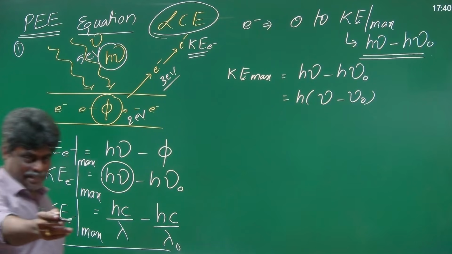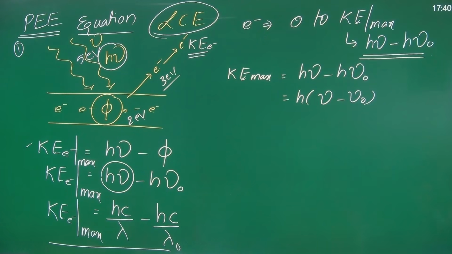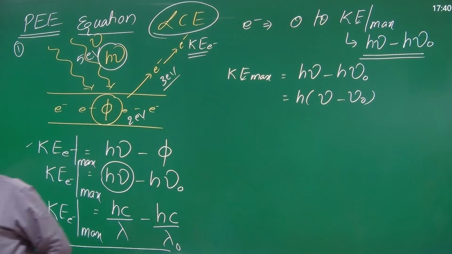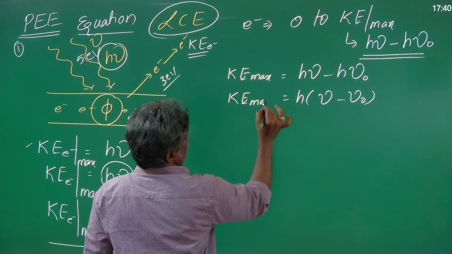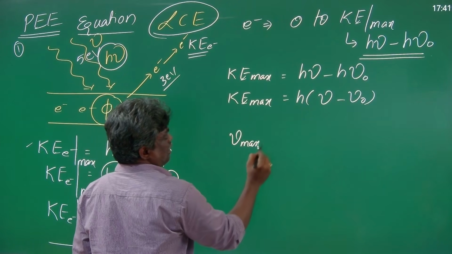Now I want to find a velocity from that equation. How will we find it? Read that expression. I want velocity maximum. How can I get it?